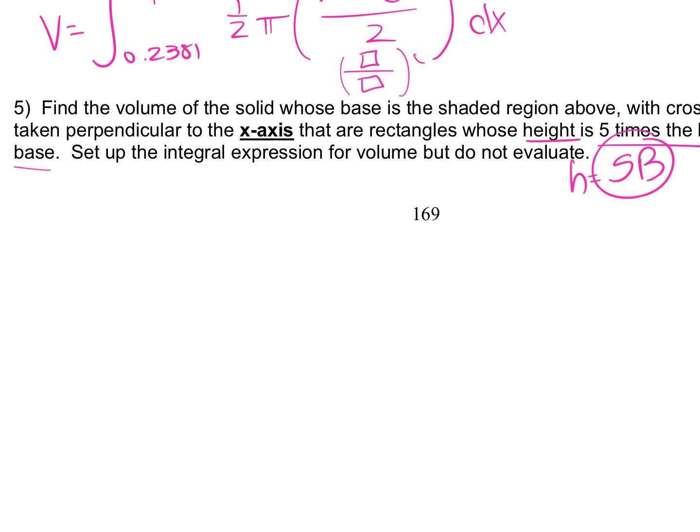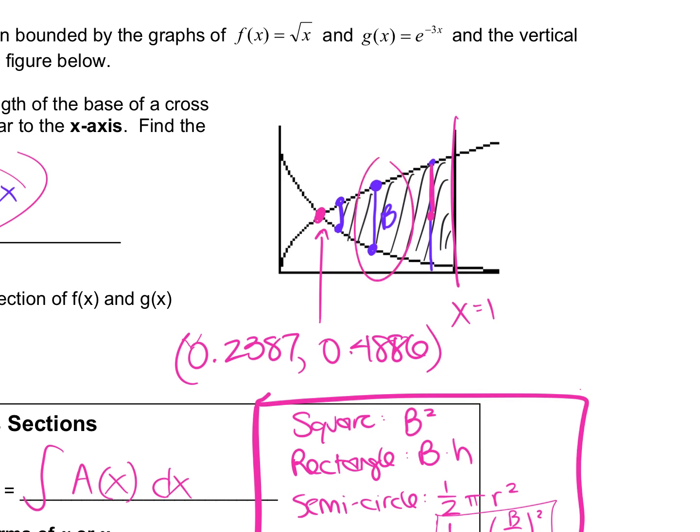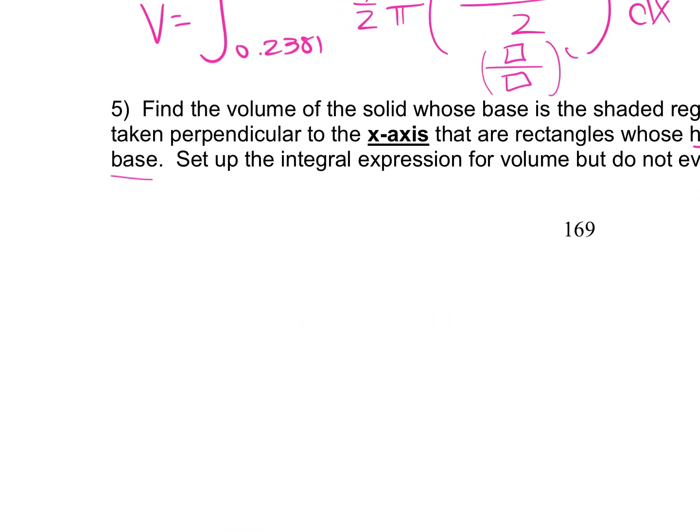The base is still this length b. The height is 5 times that as I go up. Right. So what's a good area of the rectangle formula for me to use here? 5b squared. Okay, and in place of the b, we'd put in root x minus e to the negative 3x all squared dx.